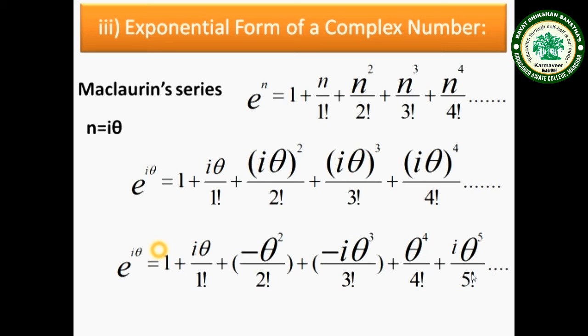So by observing each individual term in this equation, you will notice that there are some terms which are multiplied by i and other terms which are without i. For the same, let us bring those terms which are multiplied by i separately and those which are without i separately.